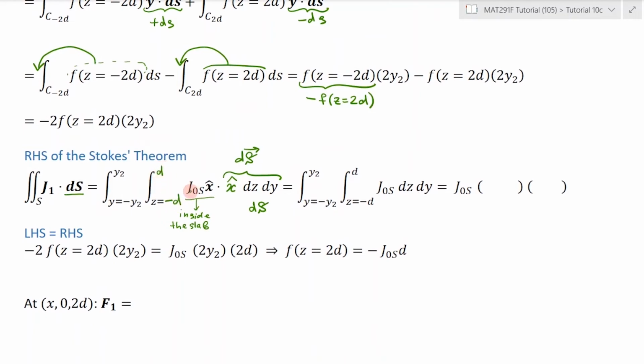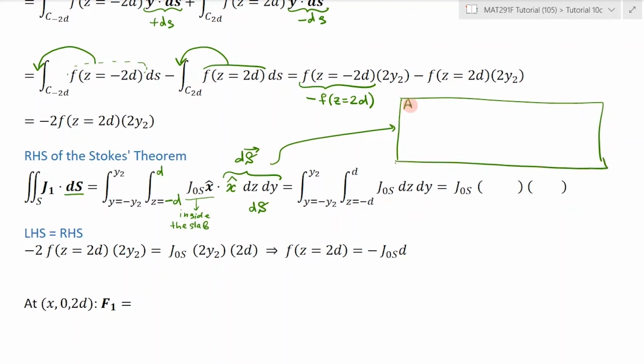Okay, so if you do want to write this from negative 2d to 2d, then here you would need to write something like this. Aside: if you want the bounds to be like this, so the bounds of the entire surface, then here you can't write j naught s x hat.